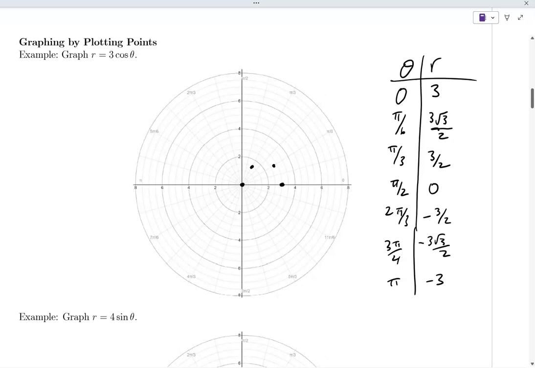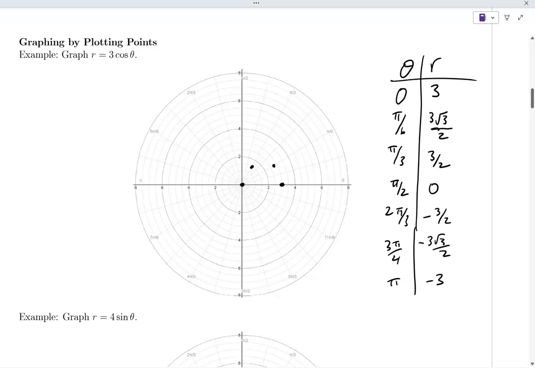All right, what about the next one? Here's 2 pi over 3, this diagonal line here. Remember that when we think about doing these points, at least I typically think about doing the R and then rotating. If I were to go out positive, I would be up here in quadrant 2, wouldn't I? But this R value is negative. So instead of being up here in quadrant 2, where are we going to be instead?